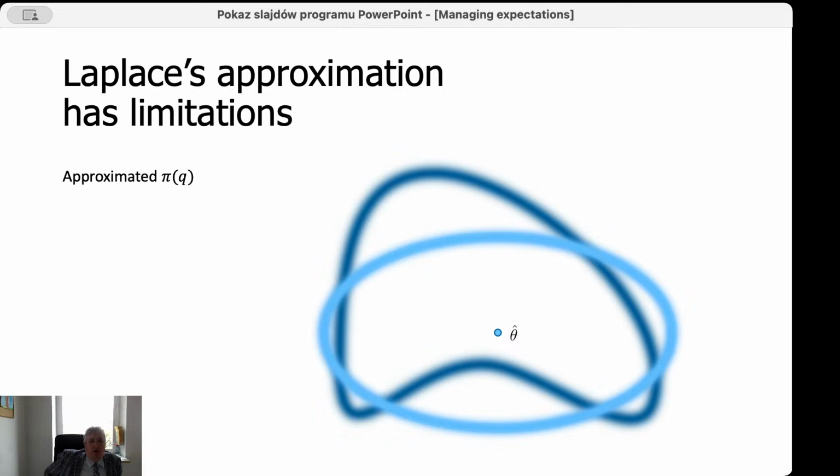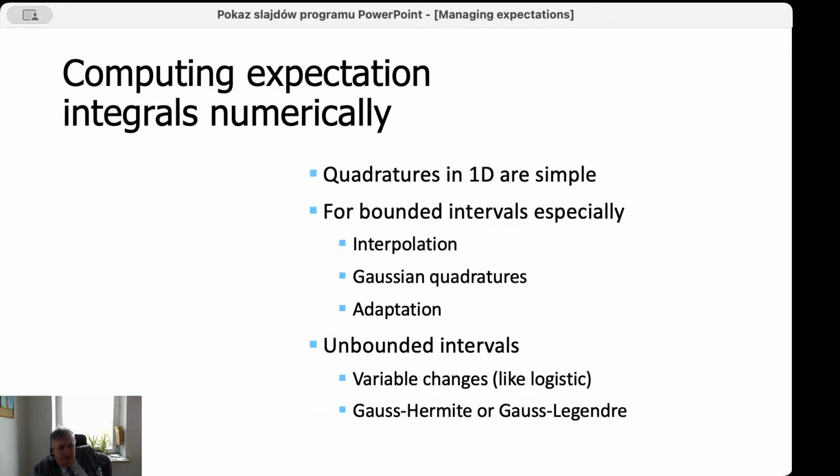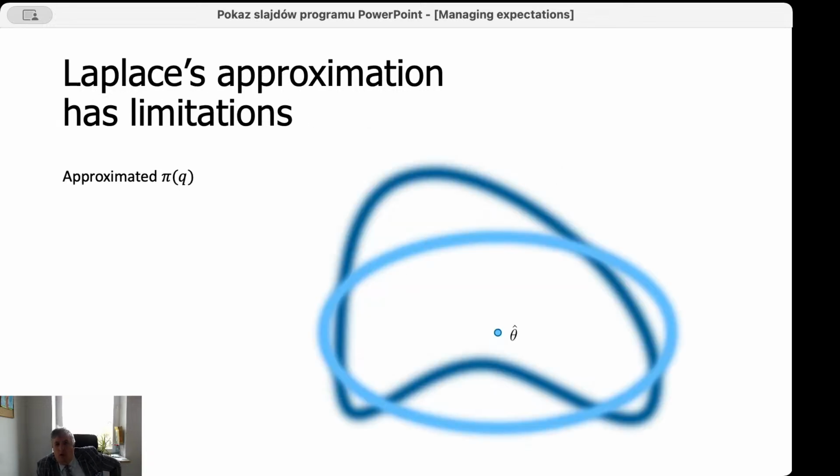And depending on how much our function resembles an ellipsoid, the approximation will be better or worse. So this is a strong limitation, which does not necessarily mean that Laplace approximation is not usable.